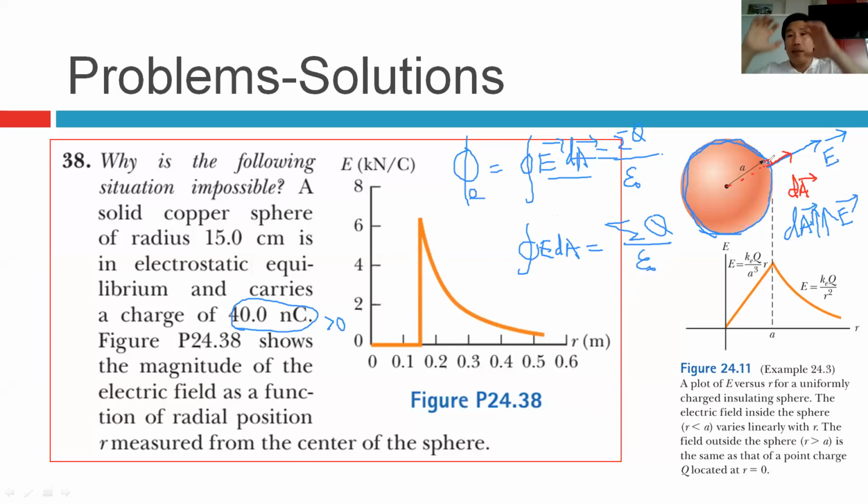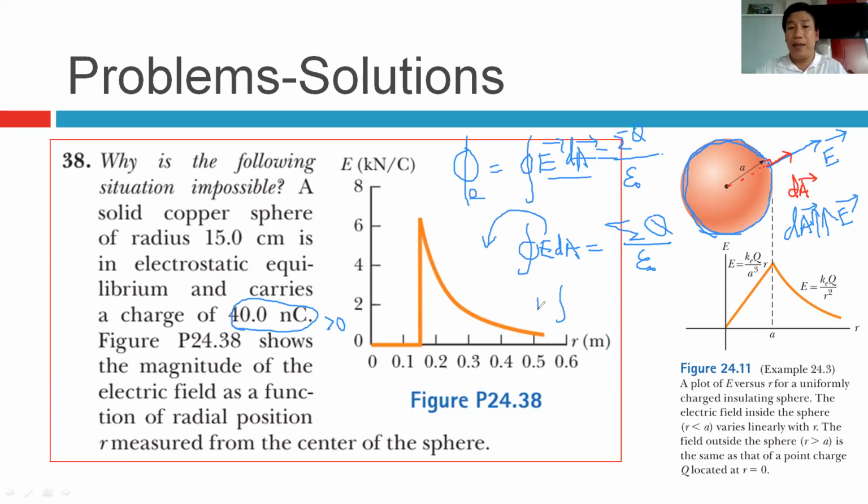Because we have the symmetric shape of the sphere, the electric field on the sphere surface should be the same. When it's the same, the only thing we need to do is move E outside the integral.